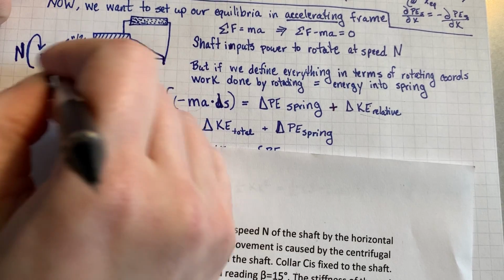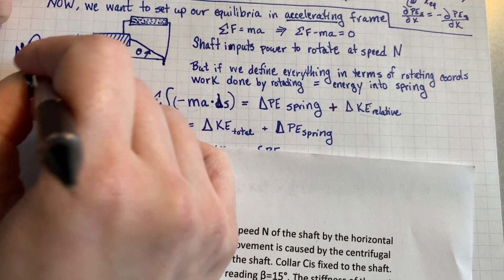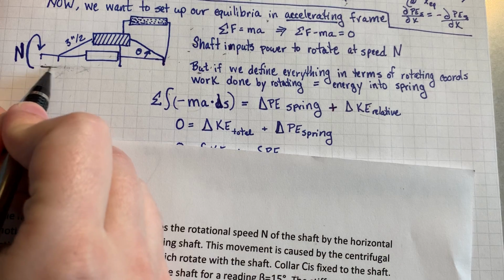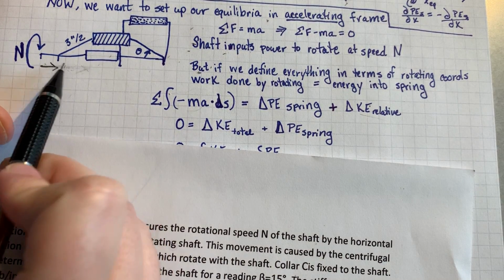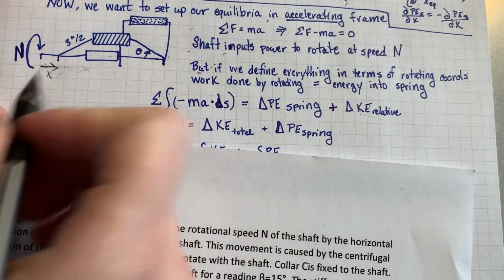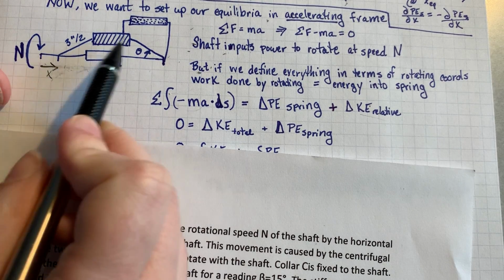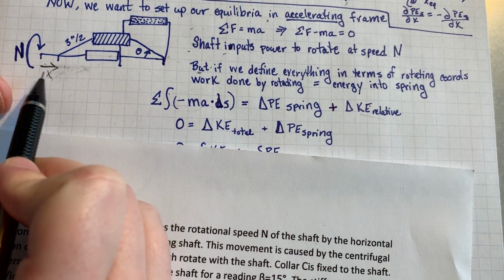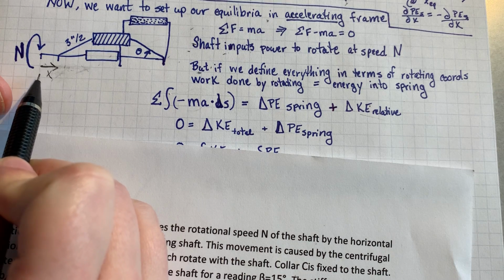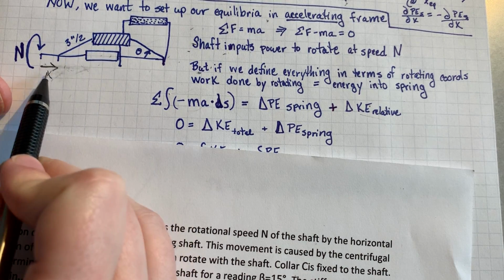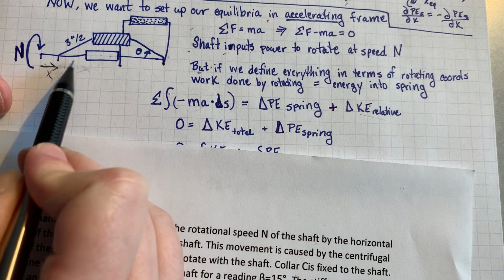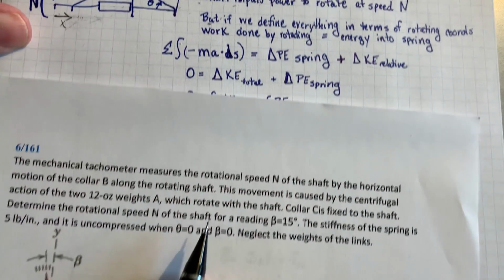The x goes to the bottom here. So this is the displacement of that collar, because it starts out at 0 when theta is 0. When theta is not 0, there'll be some x in this direction.